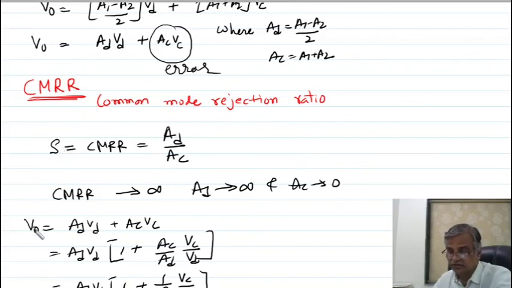If you want the error in the output to be 0, then CMRR should be infinite, because CMRR is given by AD by AC. If this is infinite, it means AC tends to 0 and AD tends to infinity.